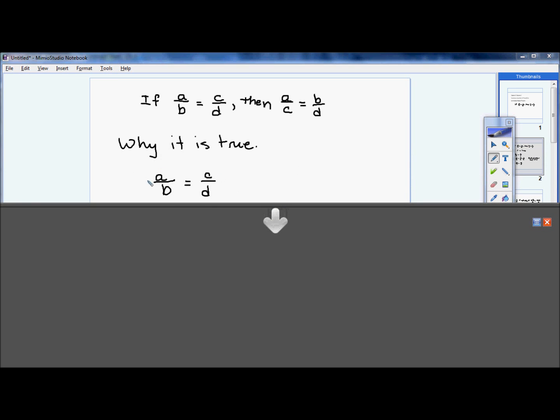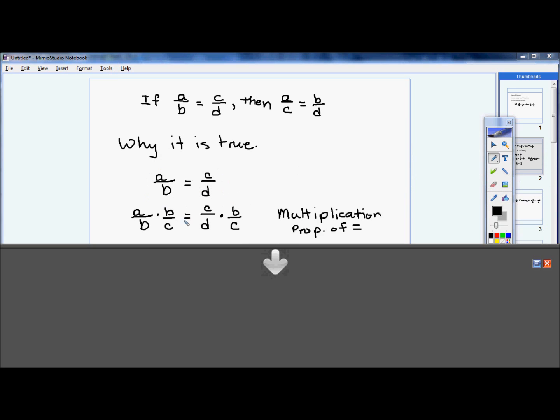So here's our beginning part. So that to be said, if we multiply both sides by B over C, we get the B's cancel out here, the C's cancel out here.